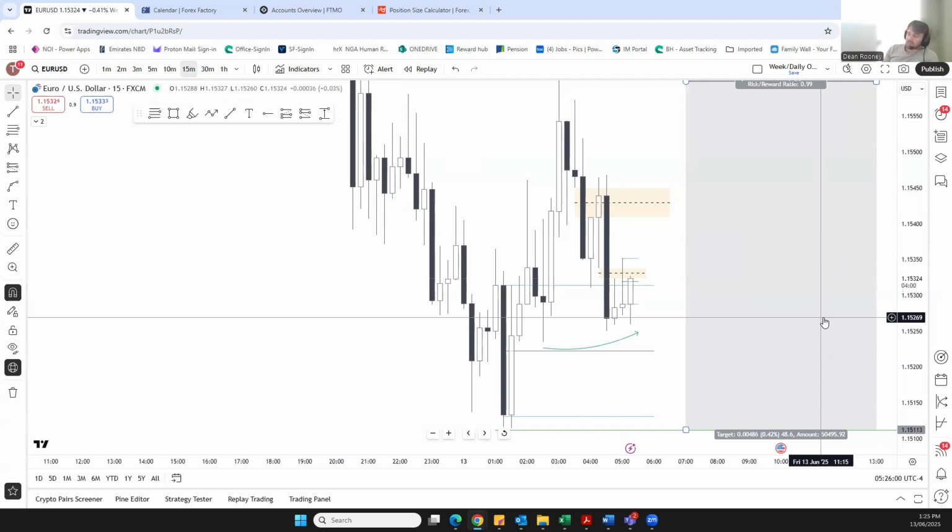And ICT states that the wicks do the damage, the bodies tell the story. So understanding the formation of your candle is very important.